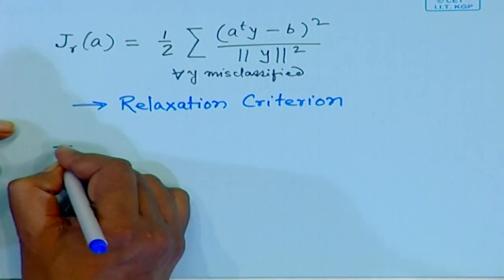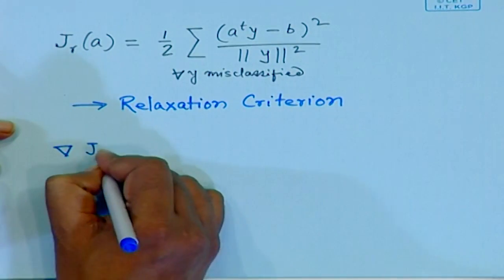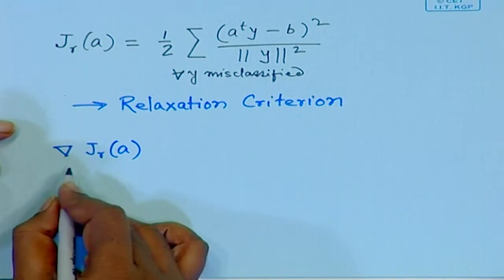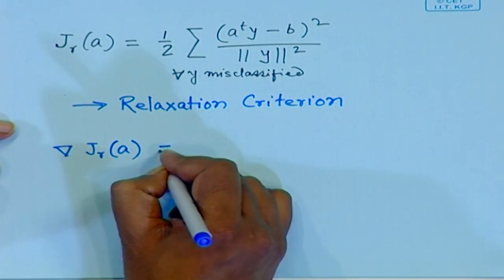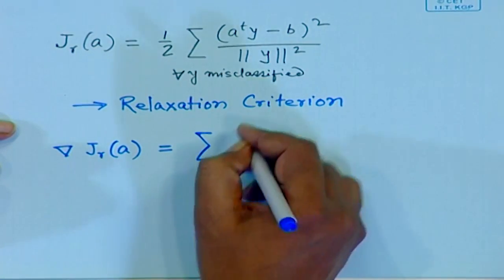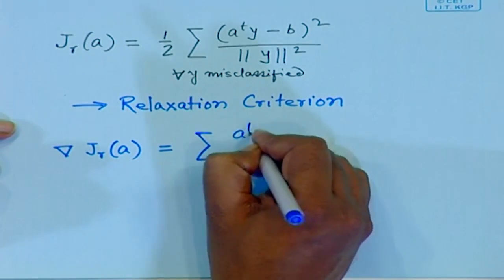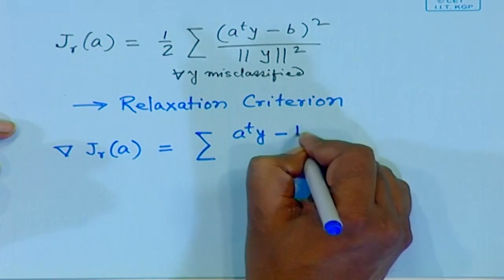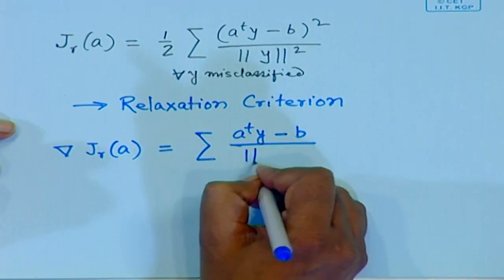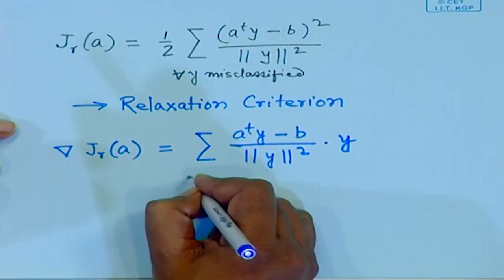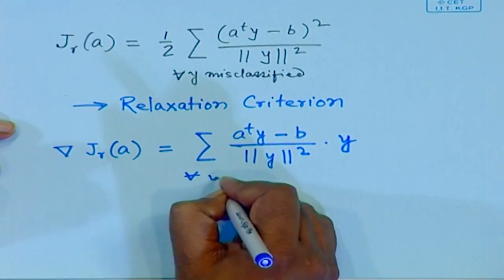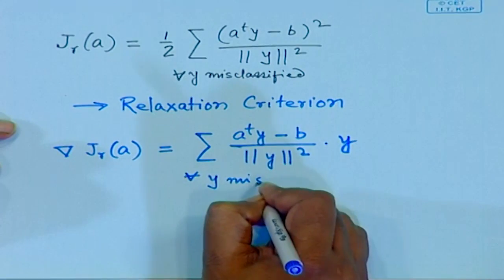That is, if I take the gradient of this J_R(A), of course, this gradient is with respect to the weight vector A. This will be simply summation of (A transpose y minus B) upon mod of y square times y, again this summation over all y which are misclassified.